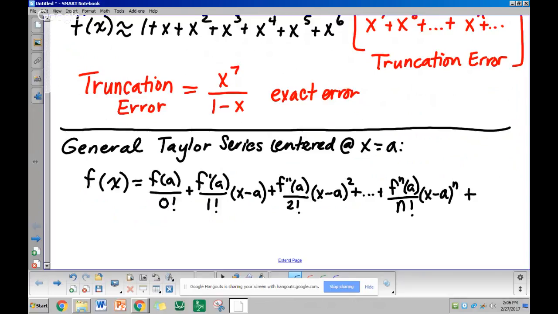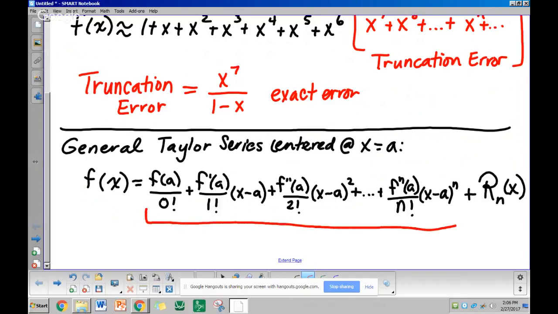plus, I'm going to call this the remainder, where this is my Taylor polynomial. Of what degree? Yep.